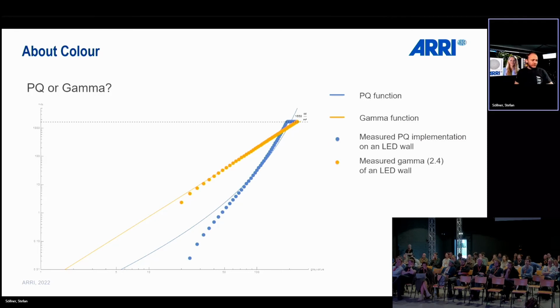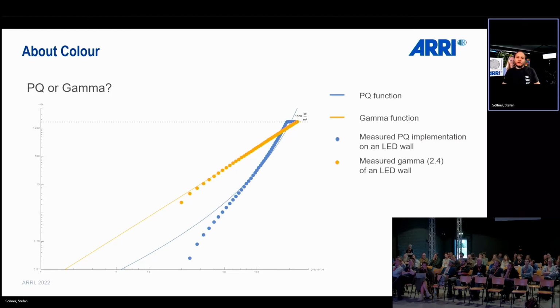And in blue, it would be the perfect PQ function, but you can also see the implemented PQ function in the LED wall. And it's doing two things. The first thing, for your higher grayscale levels, you do have some sort of plateau. I'd be careful with that, because this might be the case that we have driven it wrongly. Also, I don't think so. I think we have driven it correctly.